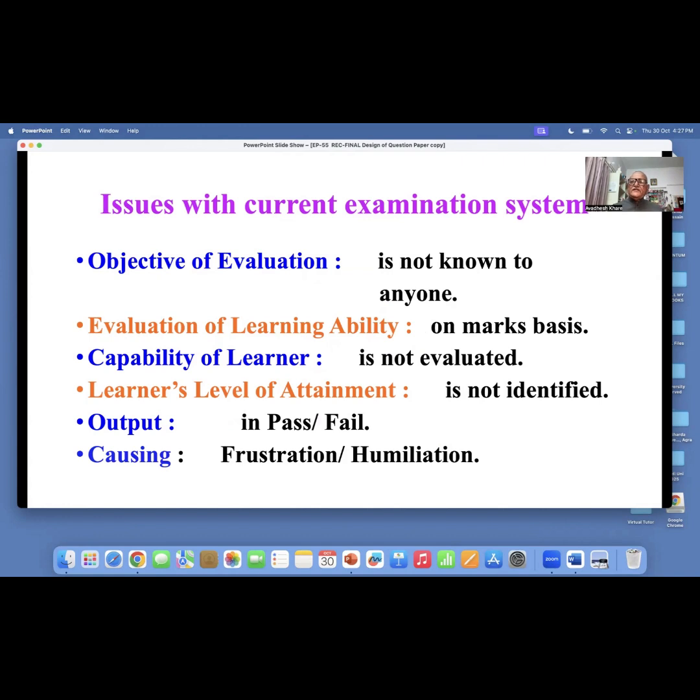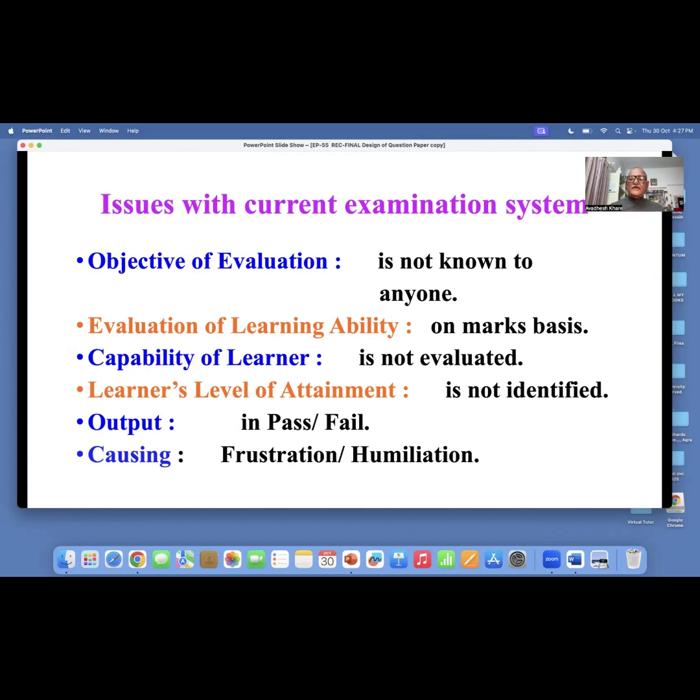The issue with the current examination system is that the objective of evaluation is not known to anyone. Evaluation of learning ability is only on the basis of marks. If you get more marks, you will learn more. Capability of the learner is not evaluated.